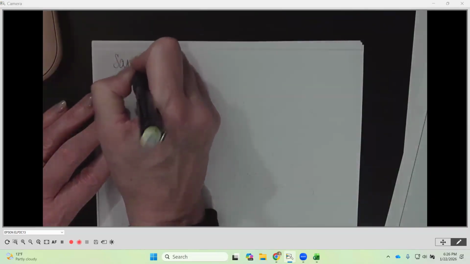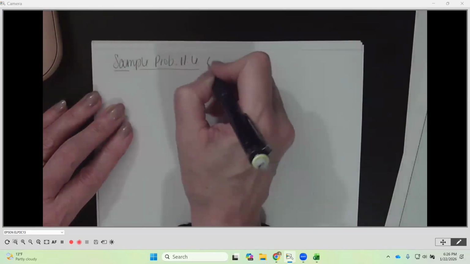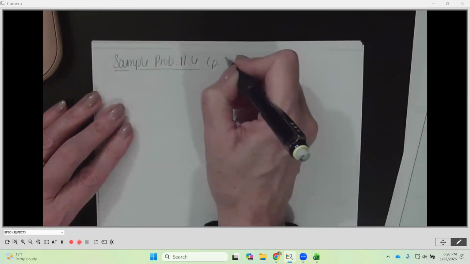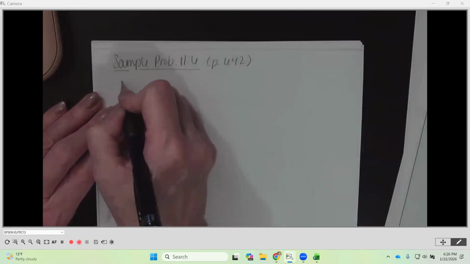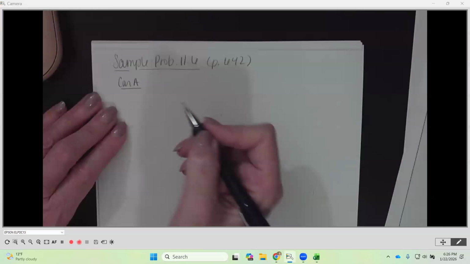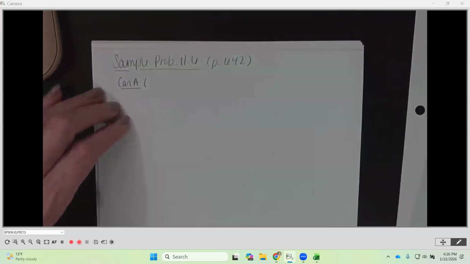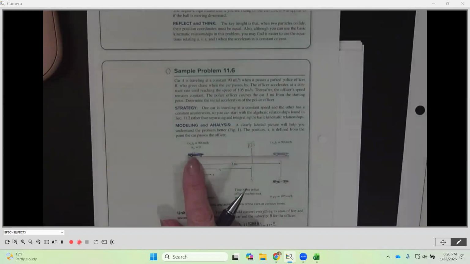This is sample problem 11.6, on page 642. As we know, we have two vehicles. We've got car A, which is going at a constant 90 miles per hour.